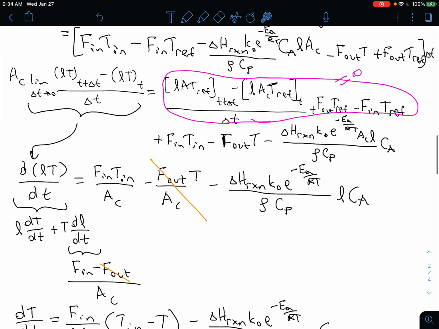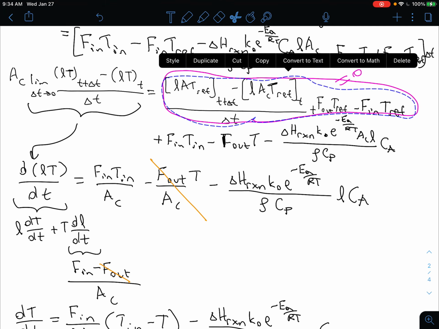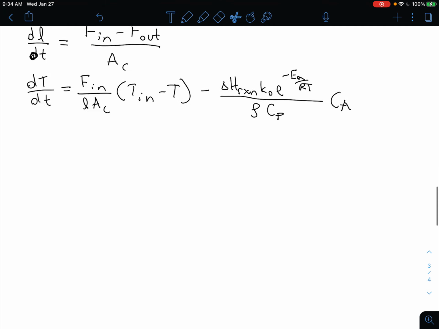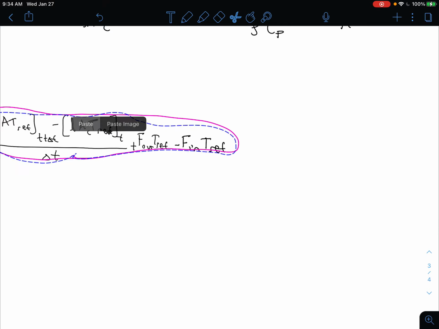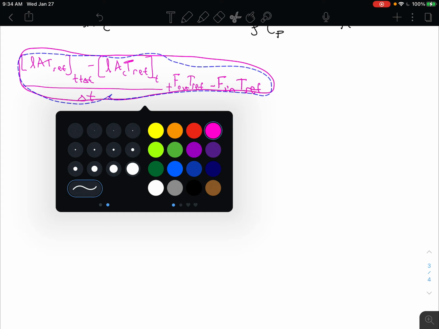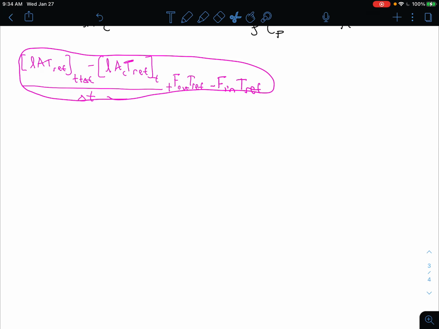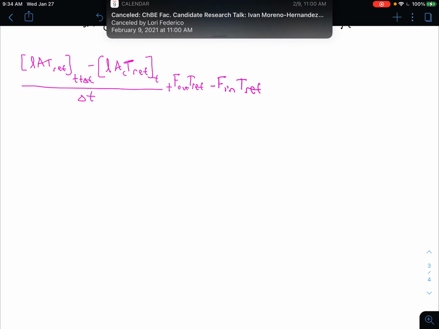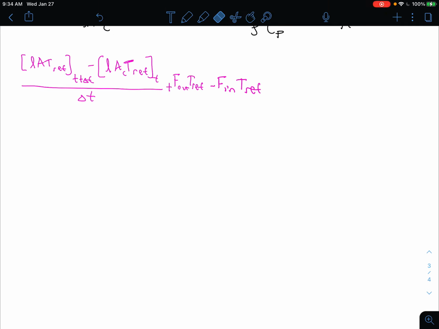So let's come over here. I'm just going to copy these terms. And I feel like I owe you an explanation for why they're equal to 0. Just for clarity, I'm going to change the color of my text to pink.